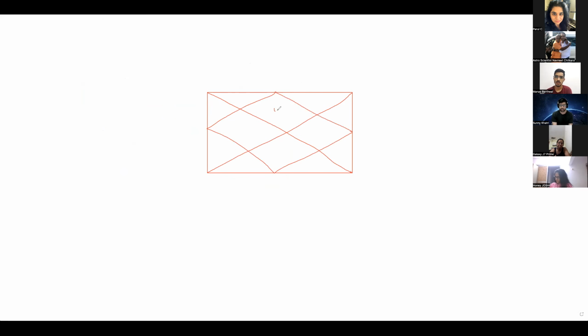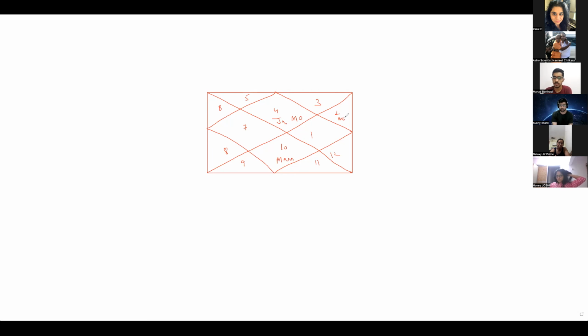So 4, 5, 6, 10, 11, 12, 1, 2, and 3. Jupiter in the Lagna, Moon here, and then Mars here.